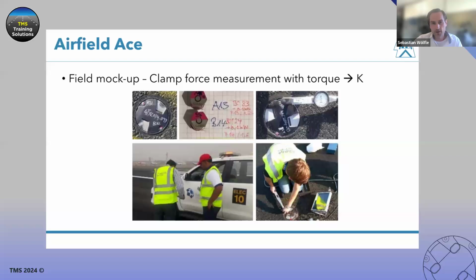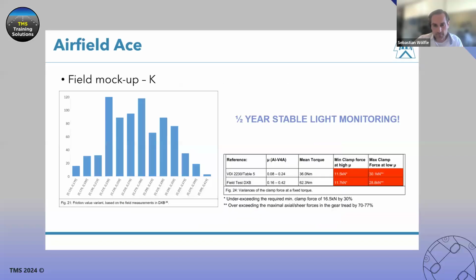Okay, and the next slide, those are the results in the field. We can see it starts with the lowest friction value of 0.159 up to a maximum of 0.419, which at the same torque setting translated into a clamp force of 11.7 kilonewton, which is too low to achieve the functioning of the safety washers, which requires 13 kilonewton.